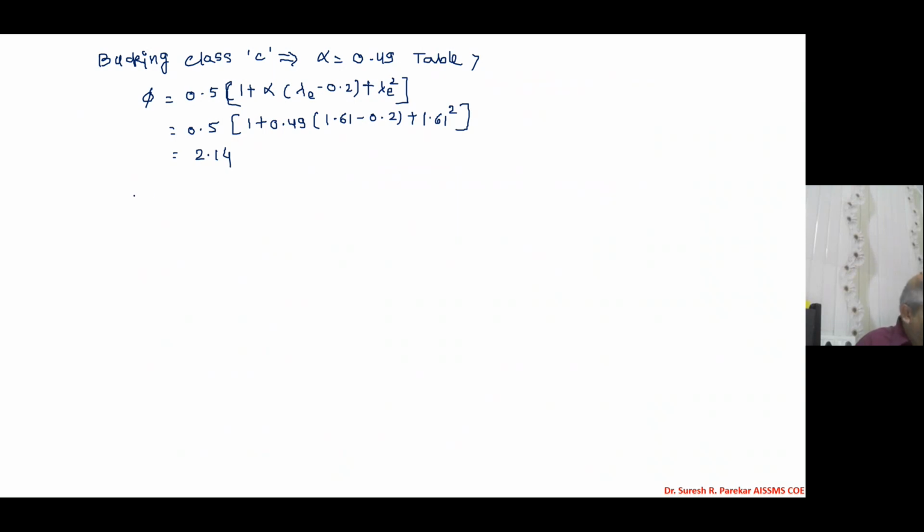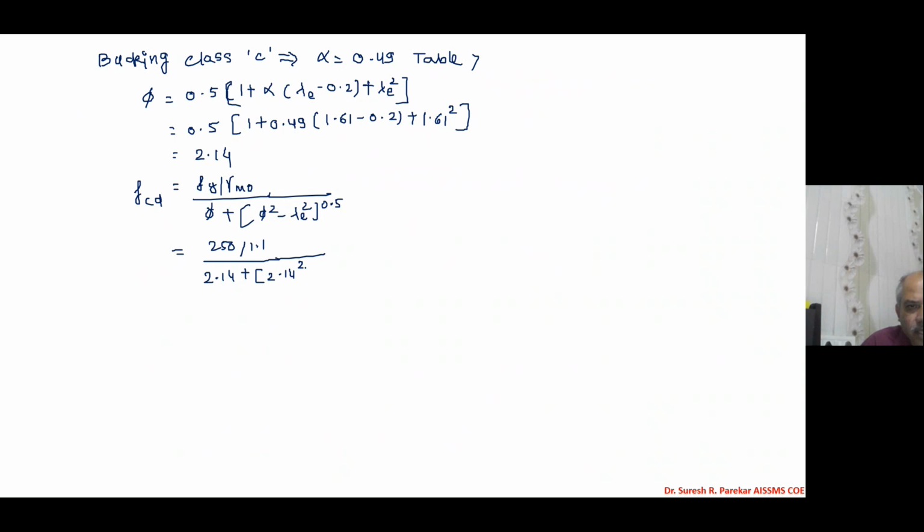Now we will find value of FCD, and that is equal to Fy upon gamma mo divided by phi plus in bracket phi square minus lambda E square to the power 0.5. And then we will substitute the value 250 upon 1.1 divided by 2.14 plus in bracket 2.14 square minus 1.61 square to the power 0.5.